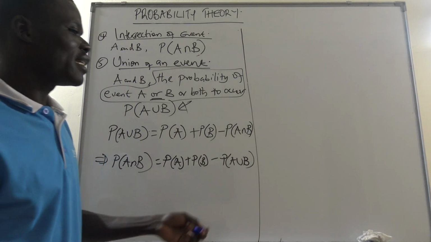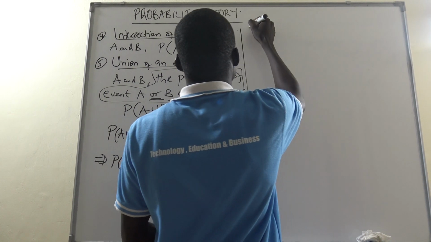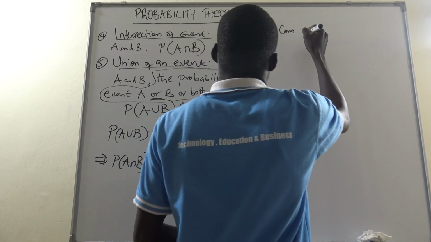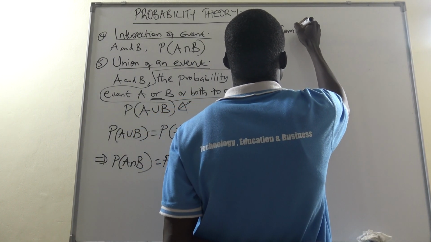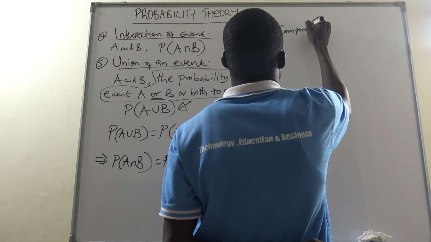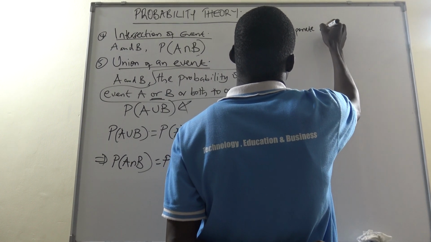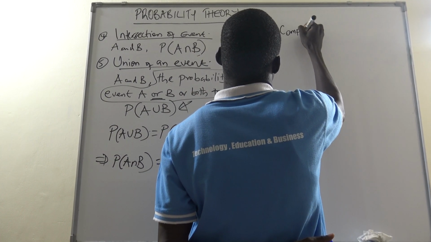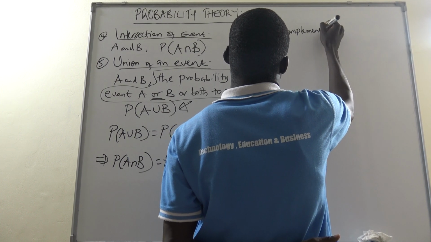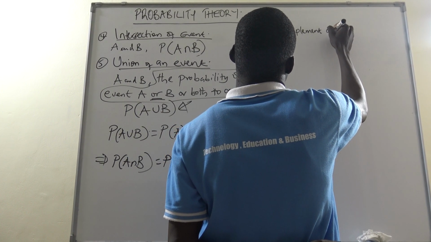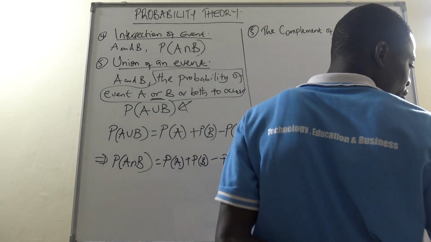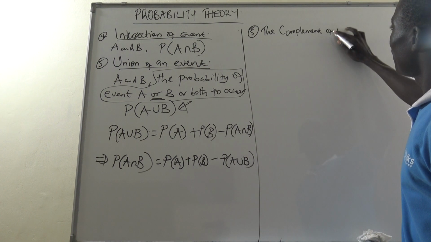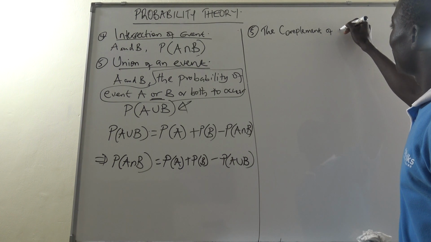What are we going to look at next? We are going to look at what we call the complement of an event.